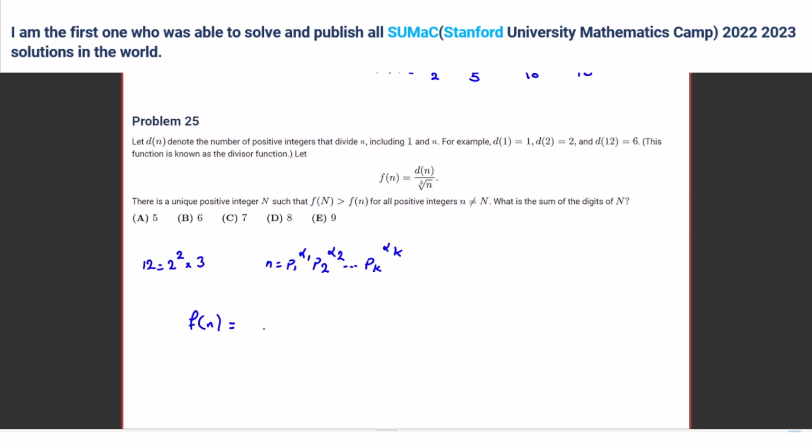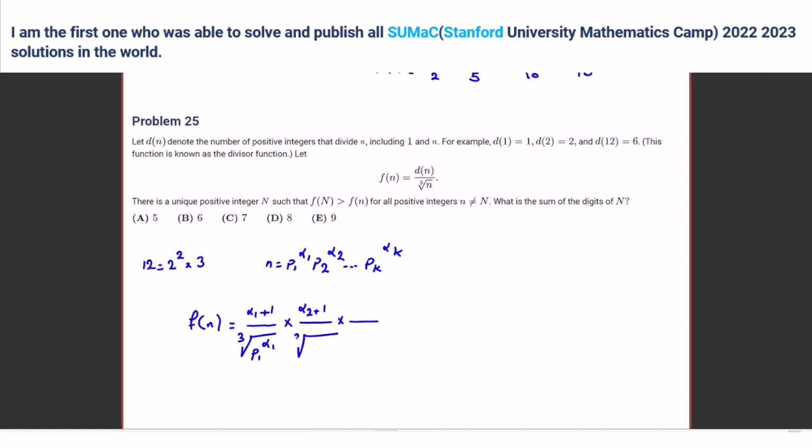I want to split it into different alpha parts, where the first part is only related to p1^alpha1, the second part to p2^alpha2. So it would be alpha 1 plus 1 over p1 to the alpha 1 over 3, or the cube root of p1^alpha1, right?